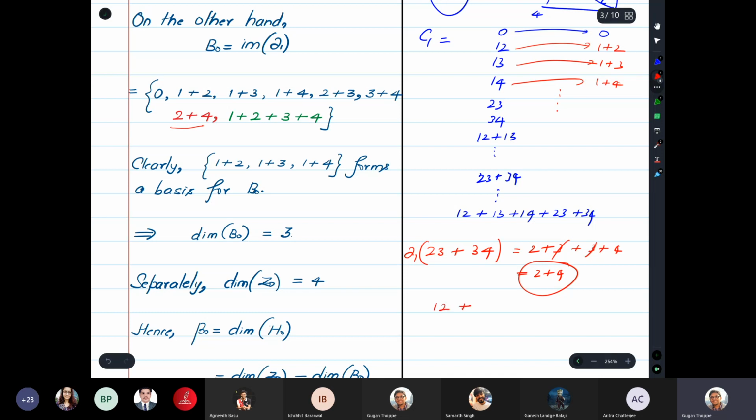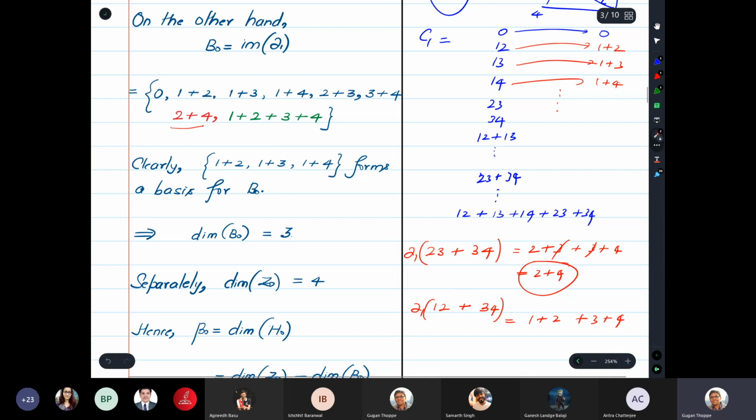So let's say we look at the one chain 1 2 plus 3 4, and you apply DABA 1 on this, right? So this will give you 1 plus 2 plus 3 plus 4. So you can see that this 0 chain that I have included in V0 will be the output of this one chain, that is 1 2 plus 3 4, right?